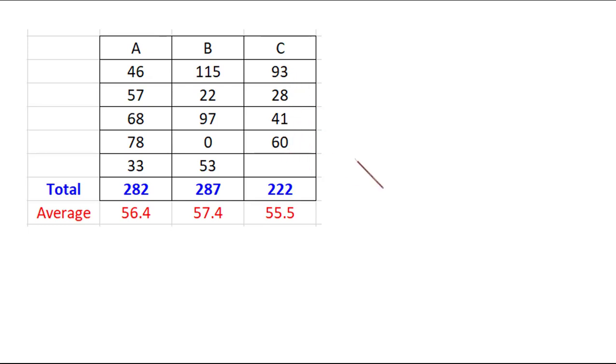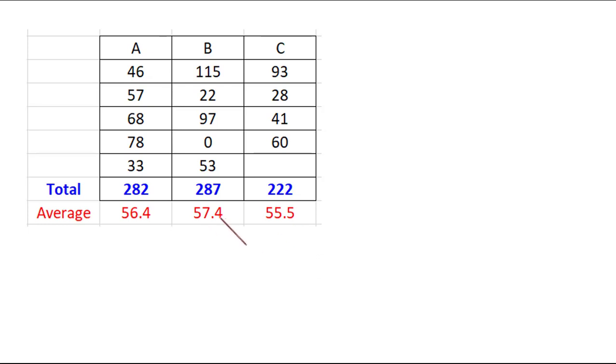And you want to decide who you should select for the next game. You have only one slot, and remember they always lost their wickets whenever they played. So the total comes up to 282, 287, and 222, while the averages are 56.4, 57.4, and 55.5.